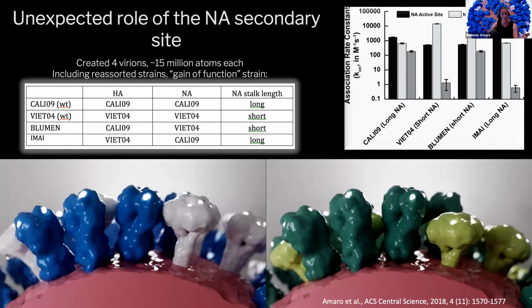In the case of influenza, we were able to construct multiple variants at the whole viral level. We could construct variants of different strains where we're changing out different pieces, which viruses do in real life. They change out different segments as they mutate, or they can adopt particular mutations, and then we can interrogate them in different ways. For example, in the influenza virus on the left, you see the blue protein and the white protein.